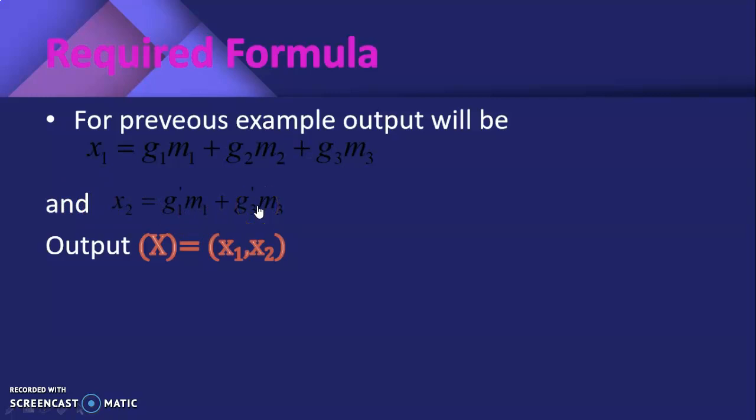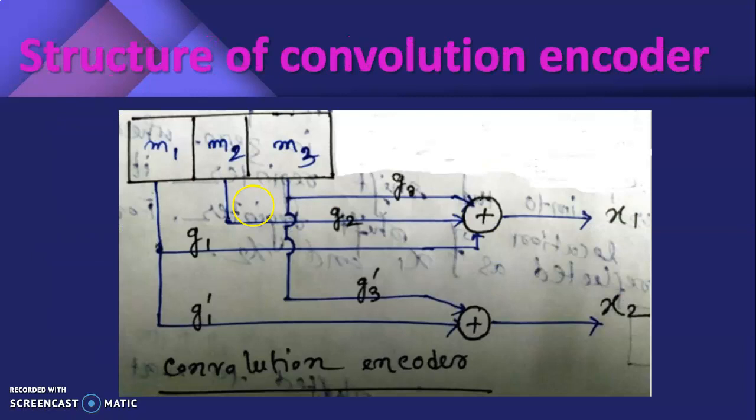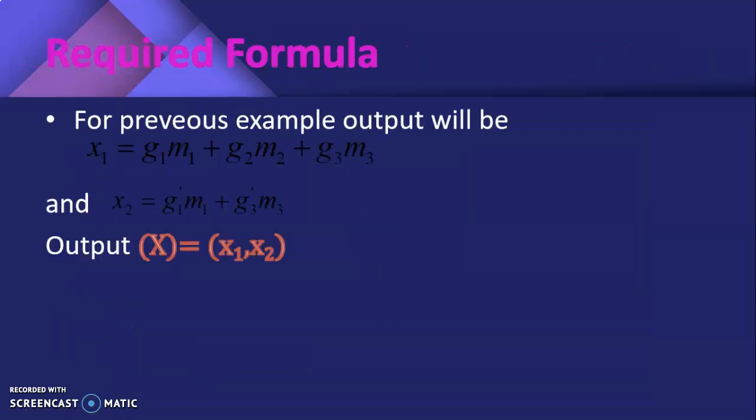You can see here that G1, G2, G3 are the links connected to X1, and G1 dash, G3 dash are the links connected to X2. So from that we get the output X equals X1, X2.